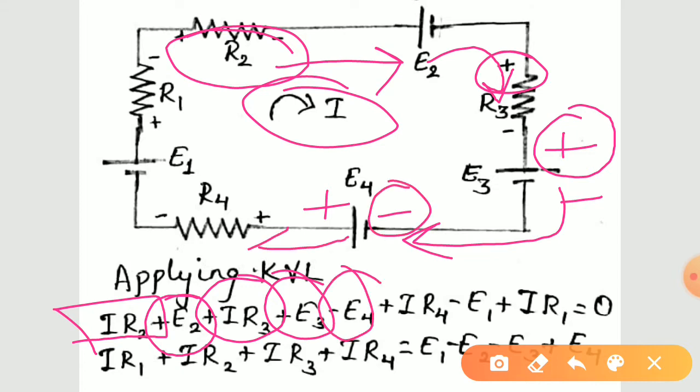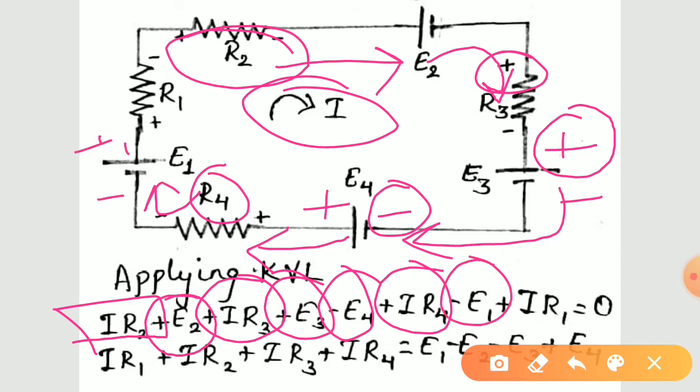Coming to resistor R4, it is plus, so voltage drop across resistor R4 is plus IR4. Coming to battery E1, it is minus plus, so minus E1. And the last element R1 has plus at entry sign, so plus IR1, which is equal to 0.